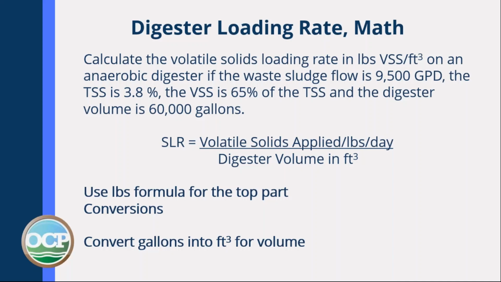The VSS is 65% of the TSS, and the digester volume is 60,000 gallons. So we'll use the pounds formula for the top part of the equation. There will be conversions you have to make, and you convert the gallons into cubic feet for the volume. So let's look at the math.